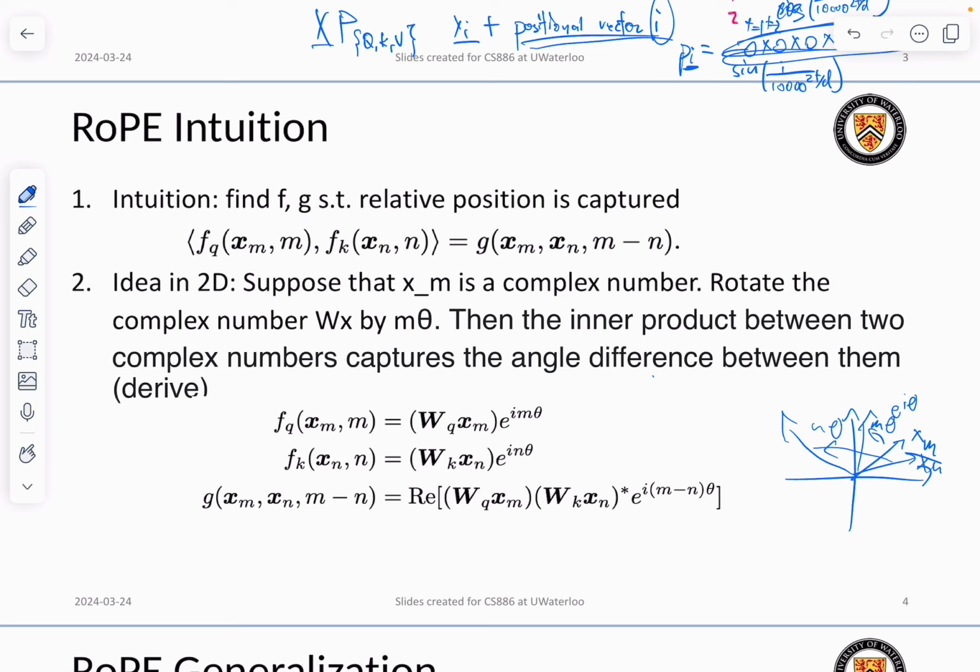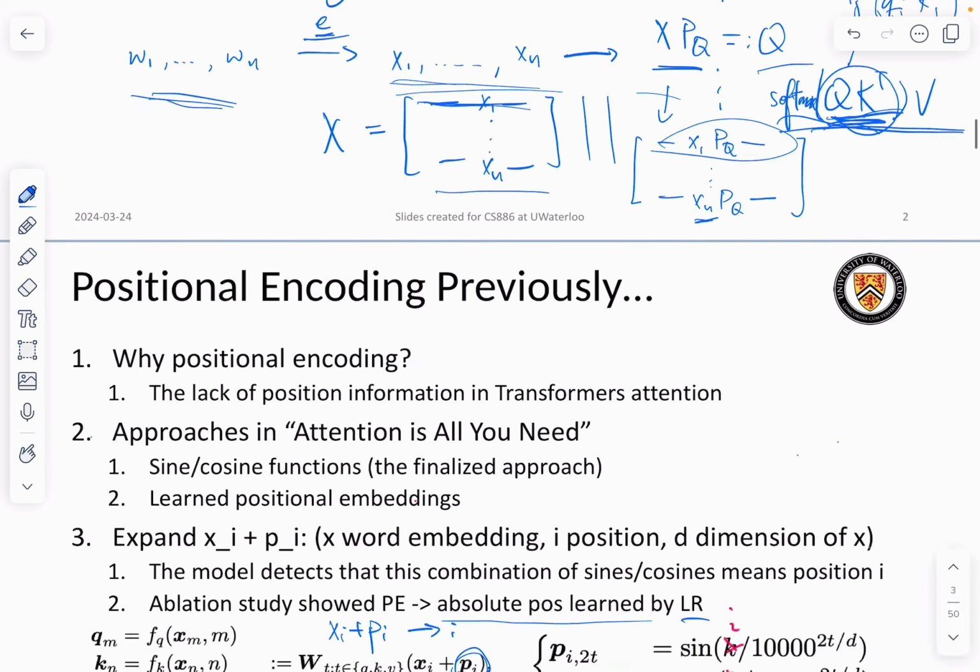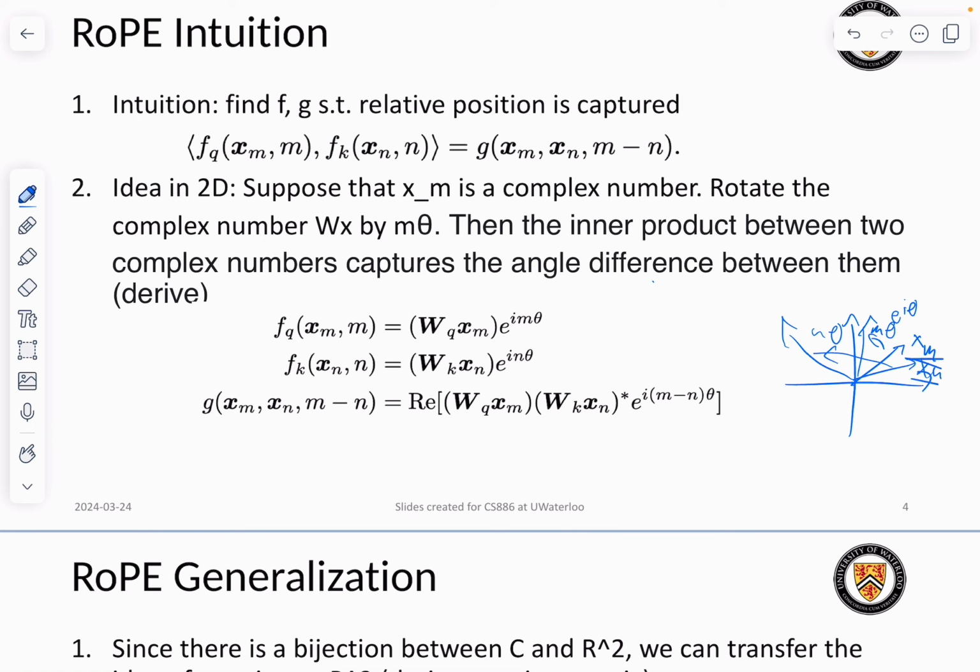If x_m and x_n are assumed to be in roughly the same area that the word embedding maps to, a rather small part of the whole higher-dimensional space, then if m and n are close, they are rotated to roughly the same area. But if m and n are far apart, they are also going to be far apart.